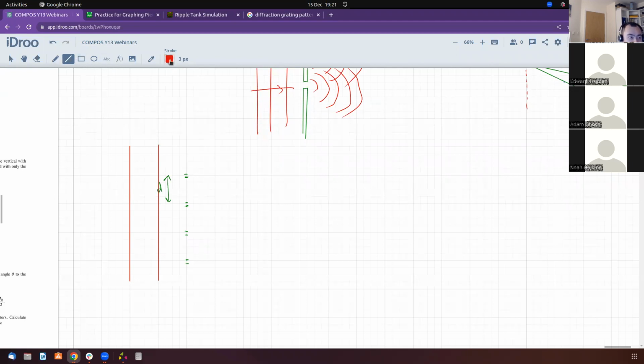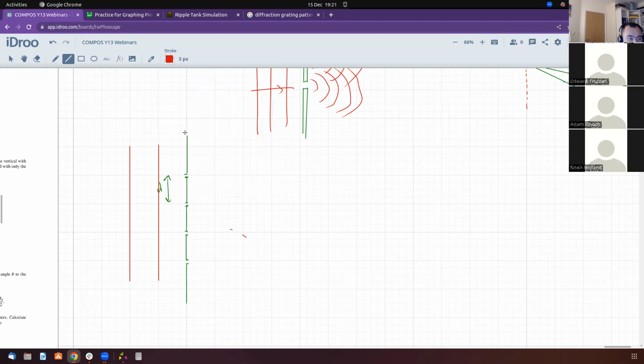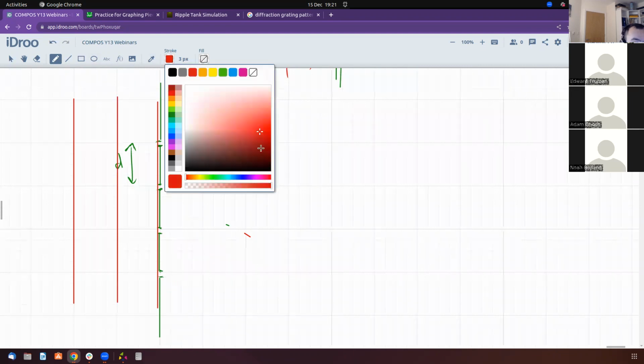And of course, as the wave comes through, it will diffract. And every slit in the diffraction grating becomes the source of secondary waves.